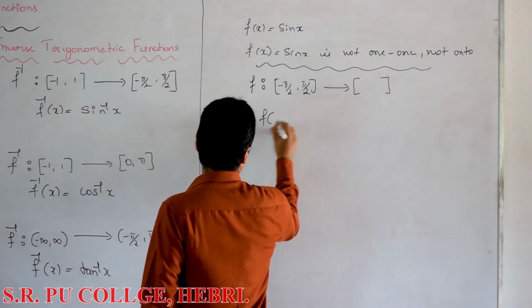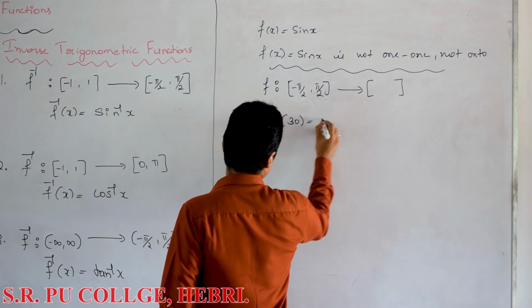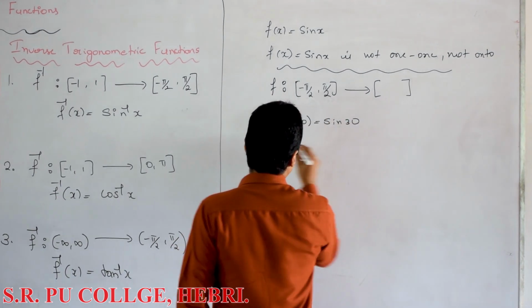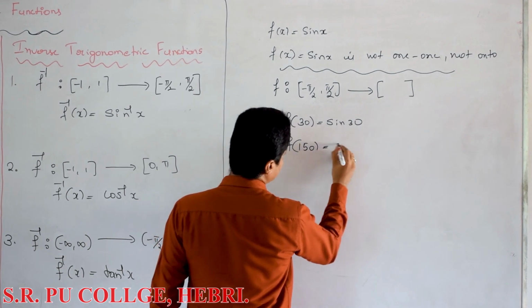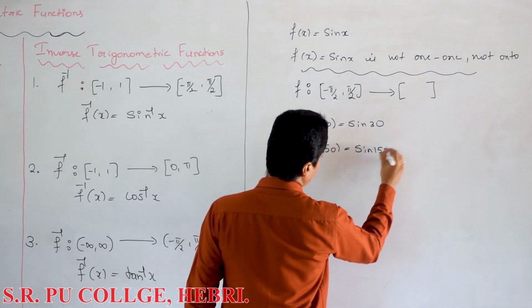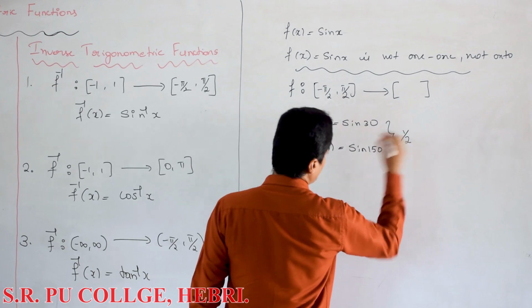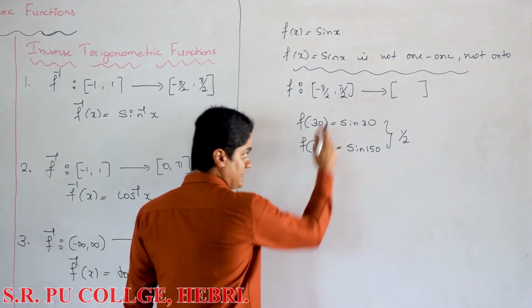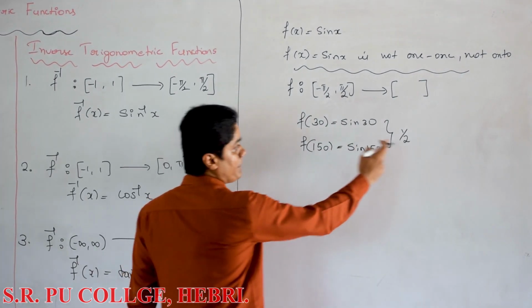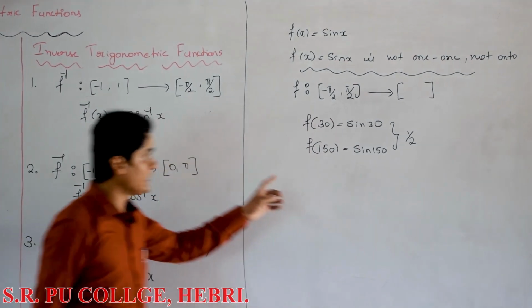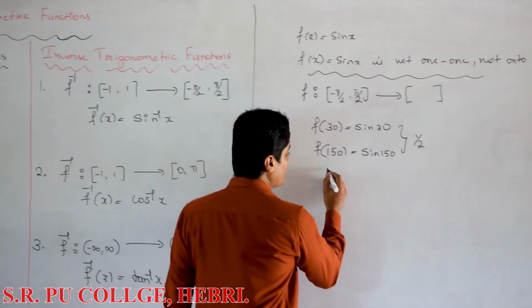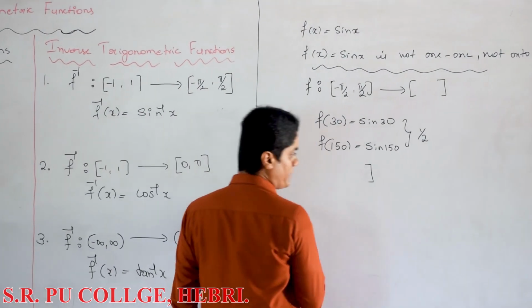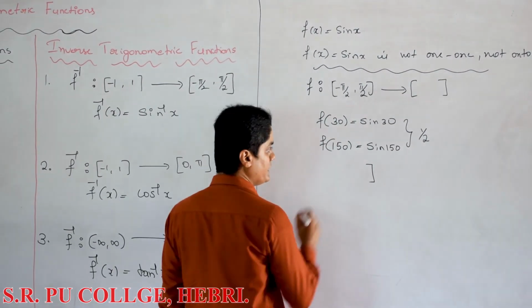As you know, f of 30 degree, that is sine 30 degree, as well as f of 150 degree, that is sine 150 degree, both will be equal to half. So two different elements mapping to the same element is not allowed in a function. So to avoid this, you should take the domain less than 90 degree.